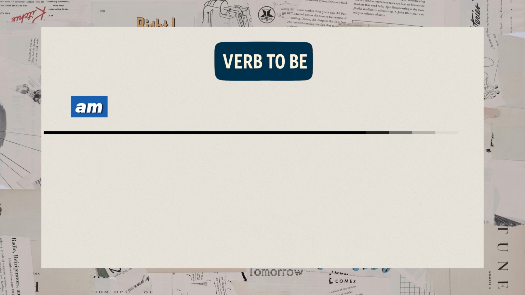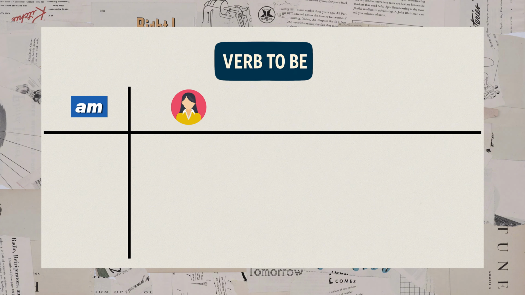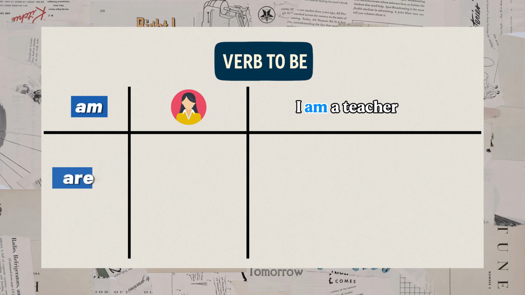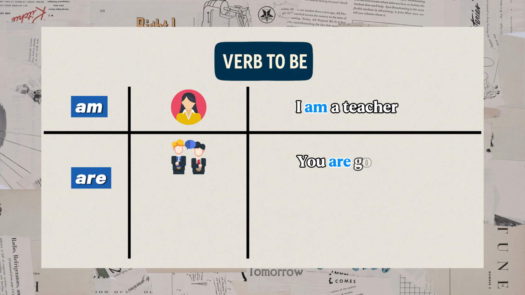So let's start with the first one, am. We use am to talk about me, the speaker. For example, I am a teacher. So am here is our verb to be. Another example is are. We use are to talk about two things. The person I'm talking to, for example, you are good. So are here is our verb to be. Another one is to talk about many things, more than one.